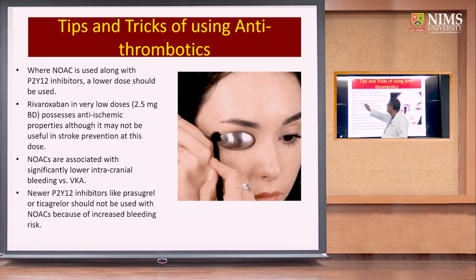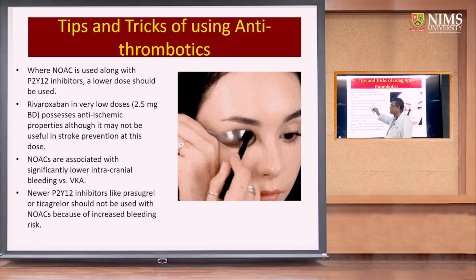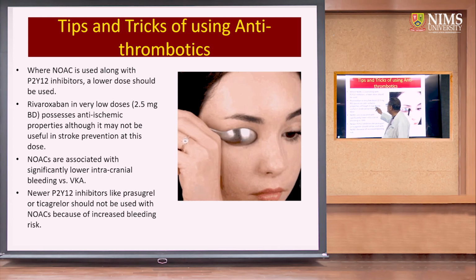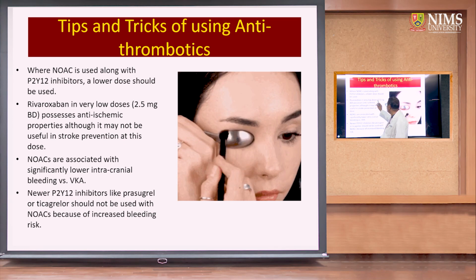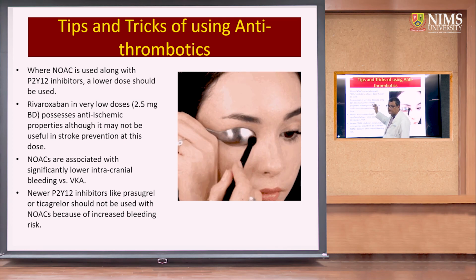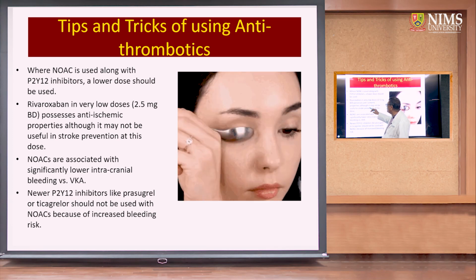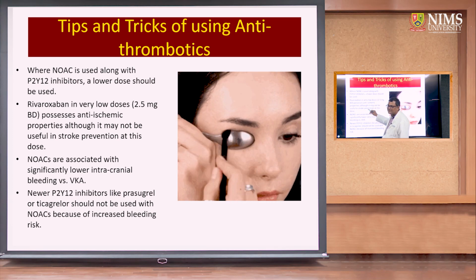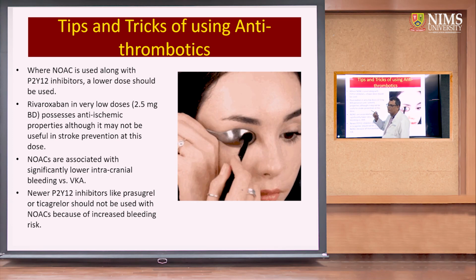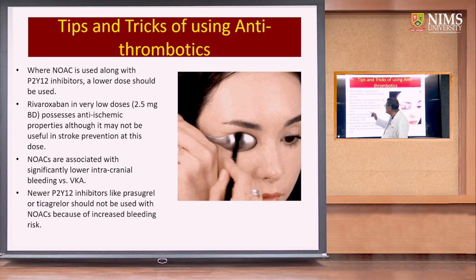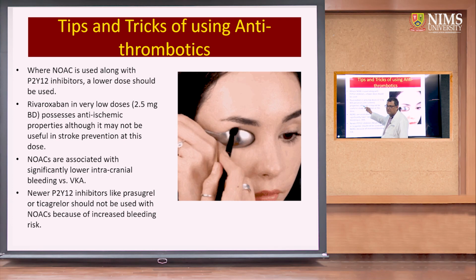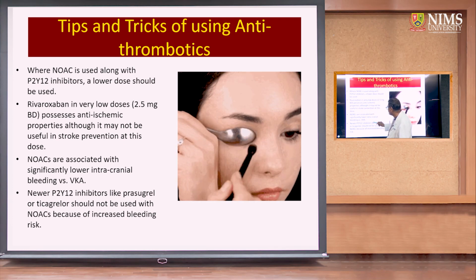This is the other thing I told you: rivaroxaban is the only NOAC which in low doses also possesses anti-ischemic property. But remember, the dose is low, 2.5 milligram BD. At this low dose, it will not cause stroke prevention, but it will reduce the ischemic risk or arterial thrombosis risk.